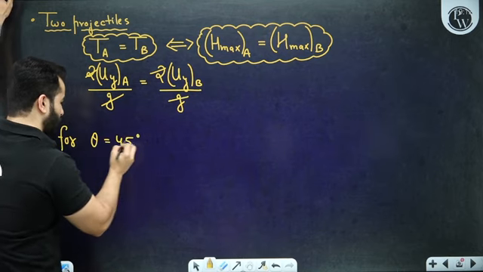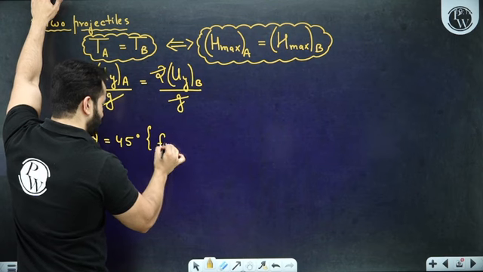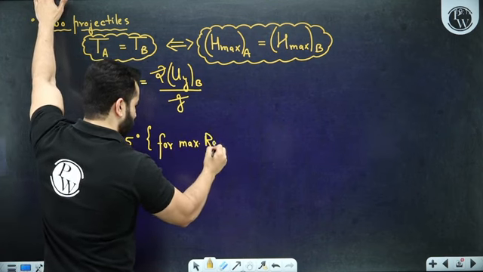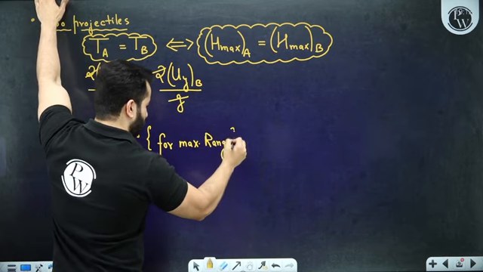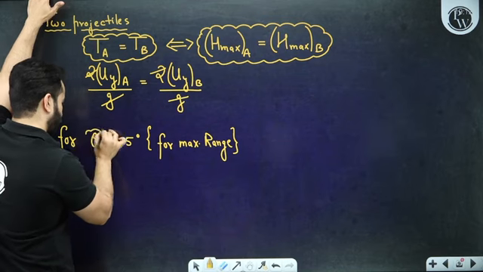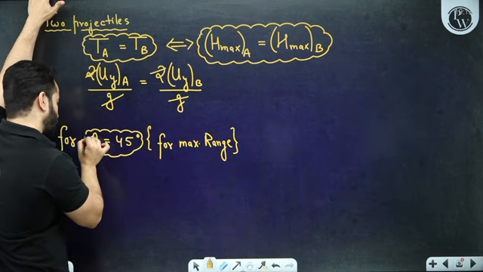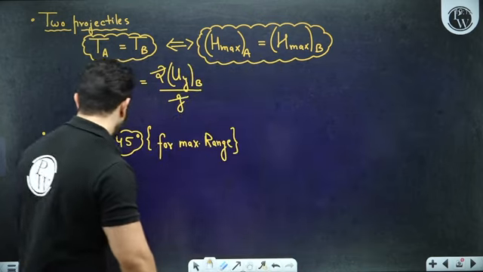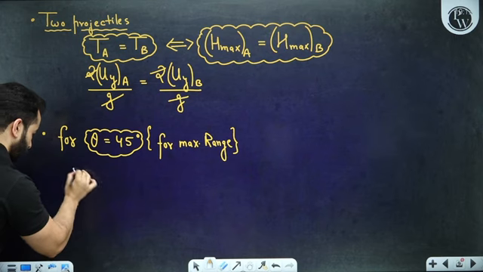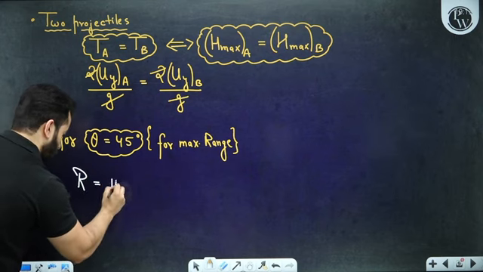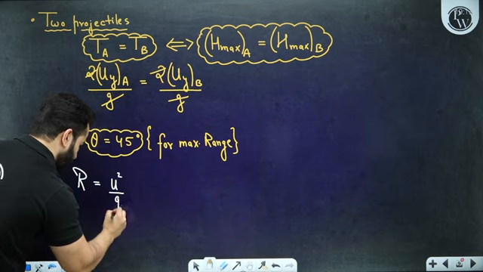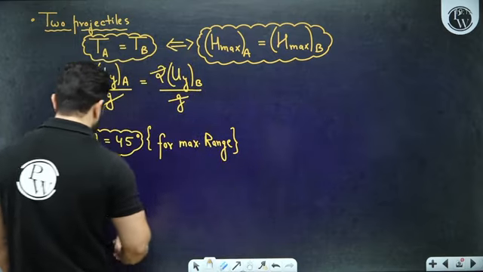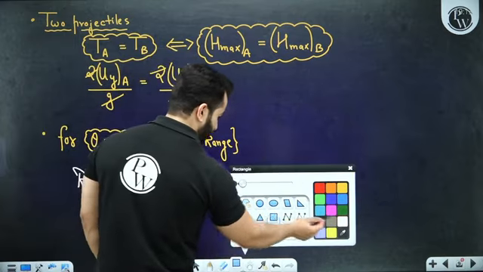So we know that this angle is for maximum range. Right? What facts do we know, and we can note down from here. So we know that range can actually be written as u square by g. This is one thing. This is going to be your range.